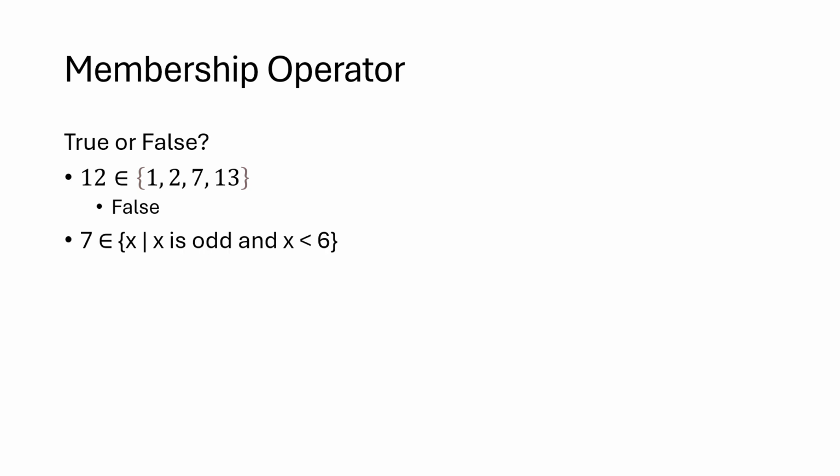Here's another statement: 7 belongs to the set of X's such that X is odd and X is less than 6. Again, this is a false statement. And here's another one: 12 does not belong to the set {1, 2, 7, 13}. That's a true statement because 12 doesn't belong to that set.